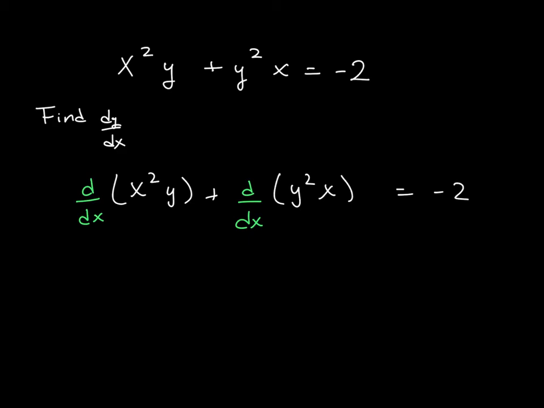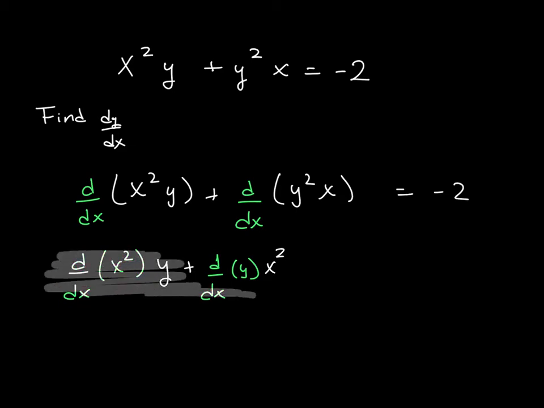When I'm using the product rule, what does the product rule say? First, I take the derivative of the first term times y, and I add it to the derivative of the second term multiplied times the first. So what I've done here, all of this is the product rule for this first portion.